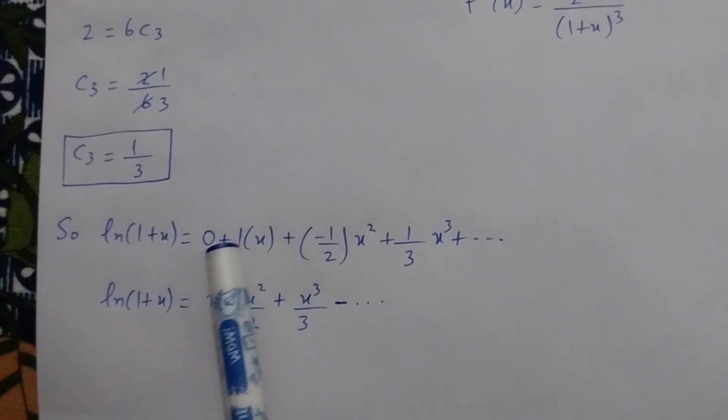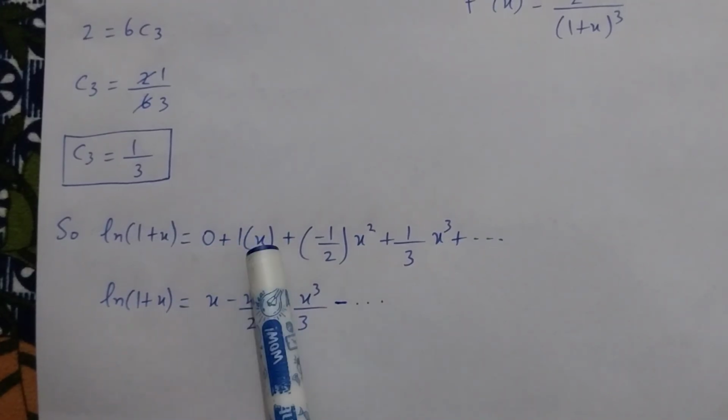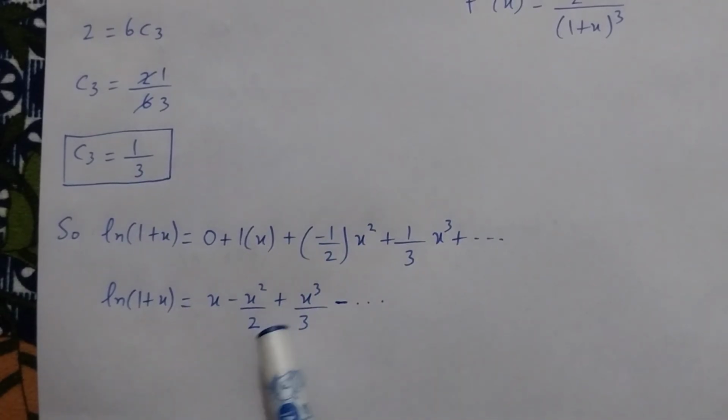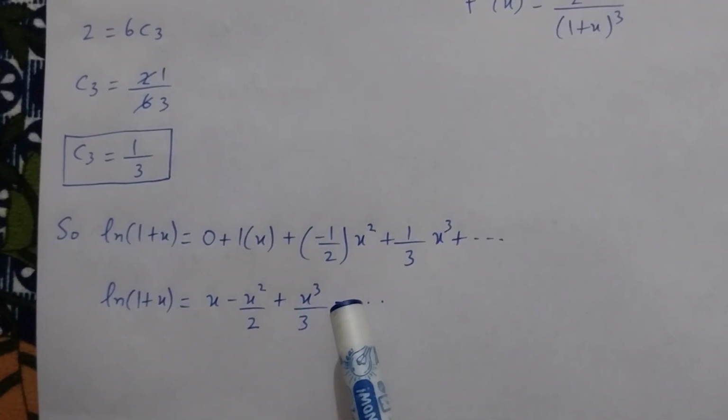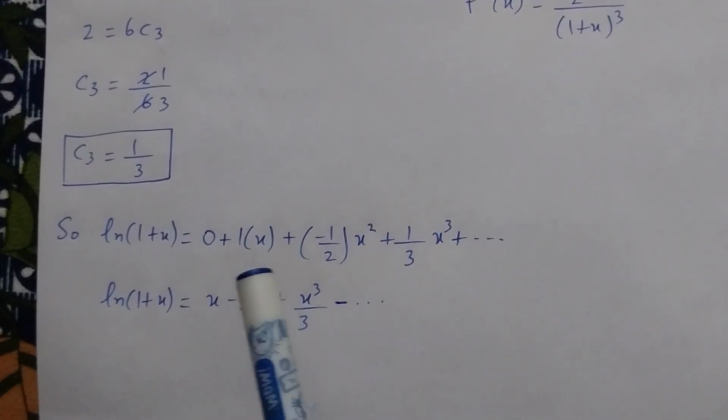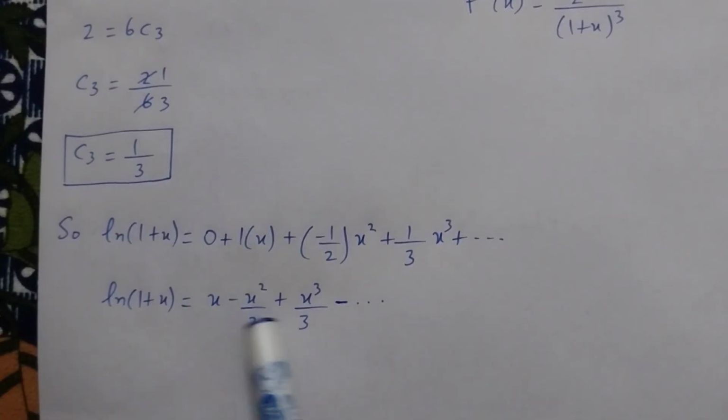We don't need to write 0 here, so this becomes 1 times x is x, minus 1 by 2 times x squared is minus x squared by 2, plus x cubed by 3, minus, and so on. Signs are alternating, that's why I have written negative here, plus, minus, and so on. So this is our power series for natural log of 1 plus x.